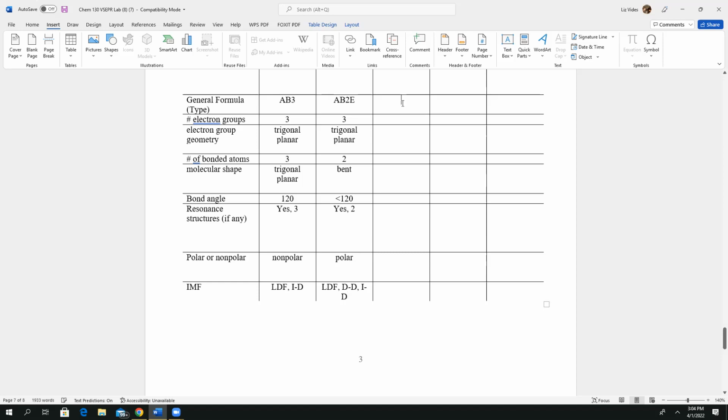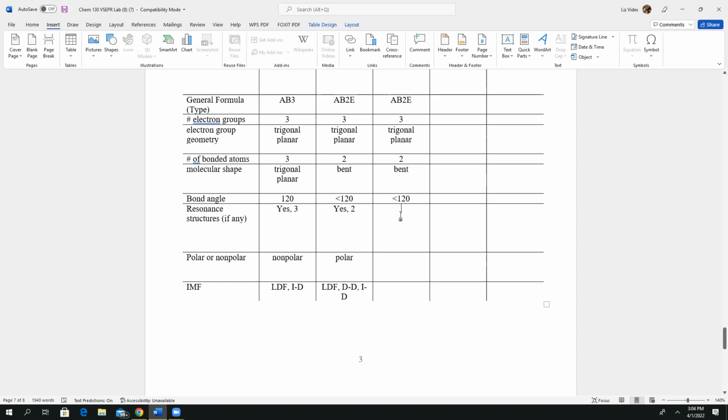All right, the next one is NO2 negative. And this one is another AB2E, which means that we have 3 things, and it is a trigonal planar, but only 2 of them are bonds. So there is a bent structure. Once again, less than 120 degrees.